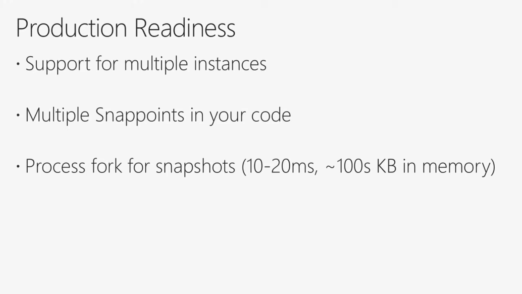So whenever a page gets written into and variables or values change in your application, we then copy that changed page. This allows us to have an extremely minimal impact in a production environment. The fork processes take about 10 to 20 milliseconds to create and on the order of hundreds of kilobytes of memory while they're alive.